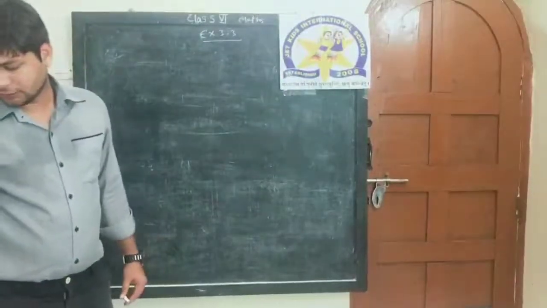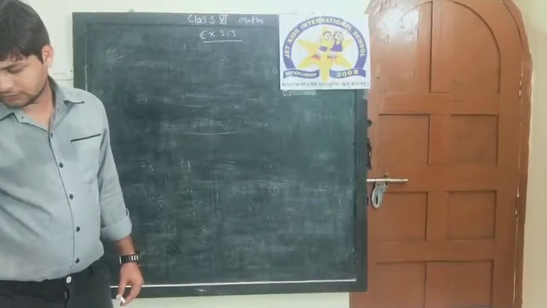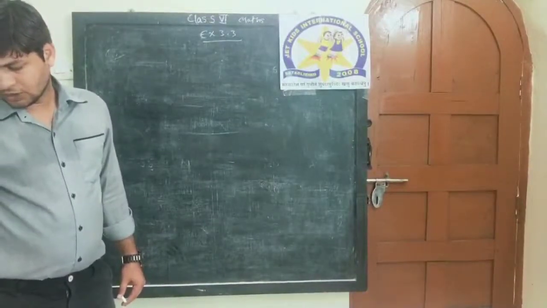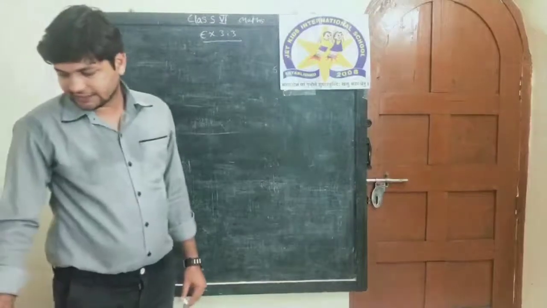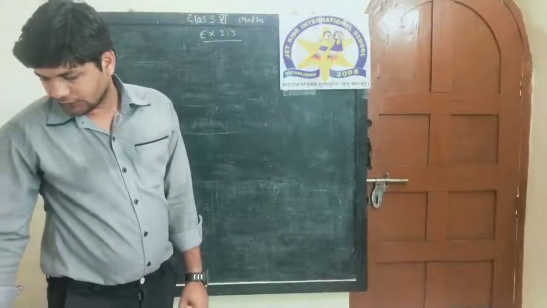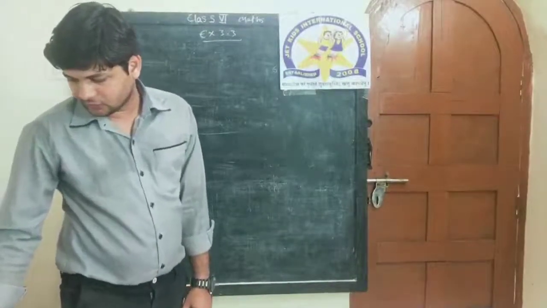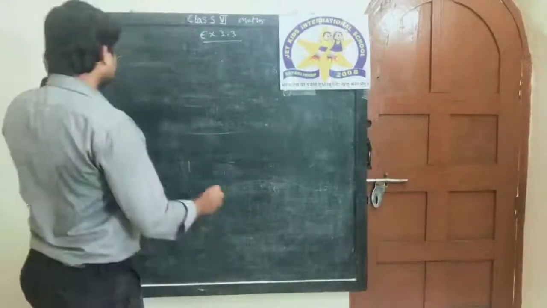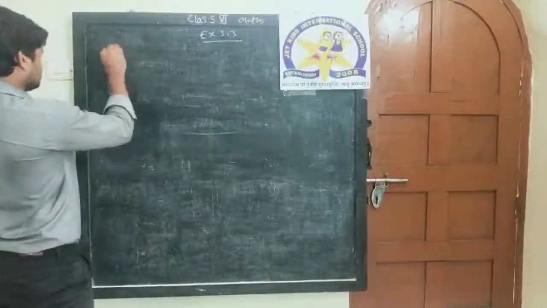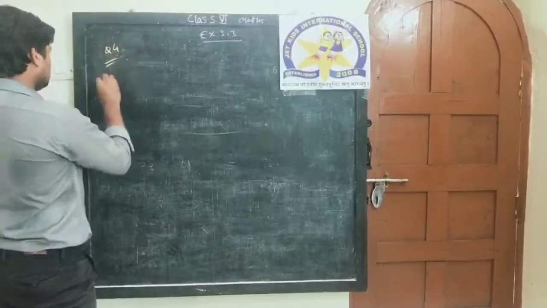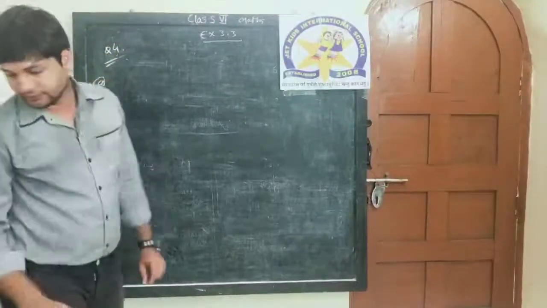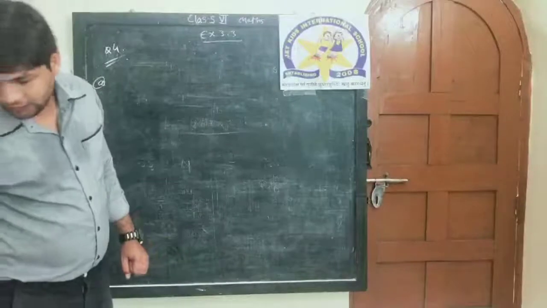Question number 4 is about using the divisibility test, determine which of the following numbers are divisible by 11. Very nice. Divisibility test of 11 I am writing over here. Question number 4. Pay attention. Very important question. A is given 5445.